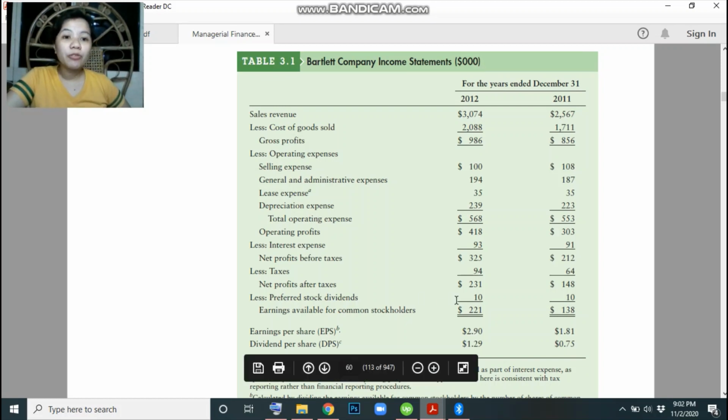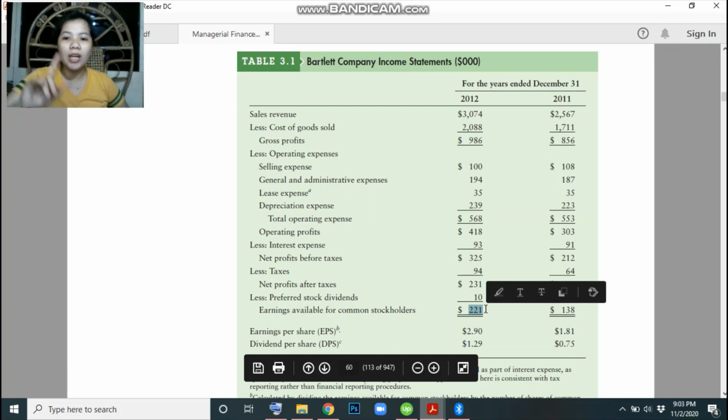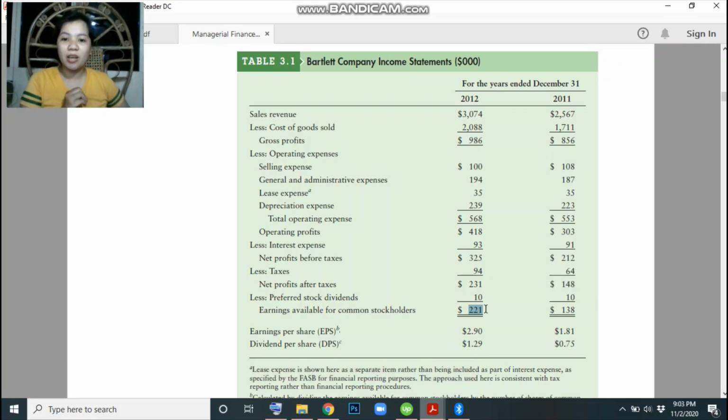So, net profit after taxes minus the preferred stock dividends, you will get the earnings available for common stockholders. Nganong gitawag siya nga earnings available for common stockholder? Mao ning 221,000, mao na lang ang available sa common stockholders nga pwede nila i-dividend. Okay? Sige. So, mao na siyang ending sa income statement.